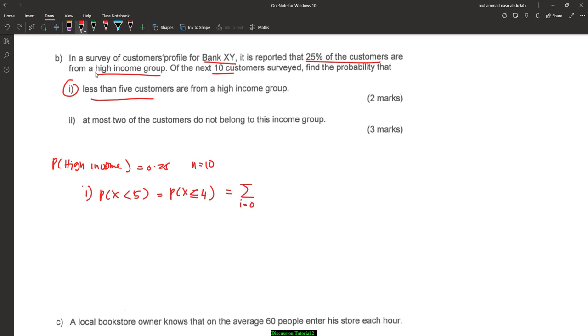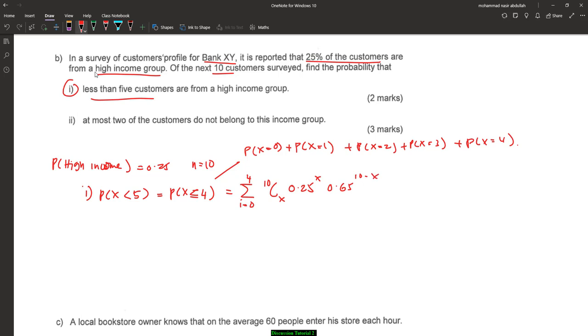i from 0 to 4, right? If we expand it, it is x equal to 0 plus x equal to 1 plus x equal to 2 plus x equal to 3 plus x equal to 4. So this is 10 choose x, probability of success 0.25 to the power of x, 0.65 to the power of 10 minus x.